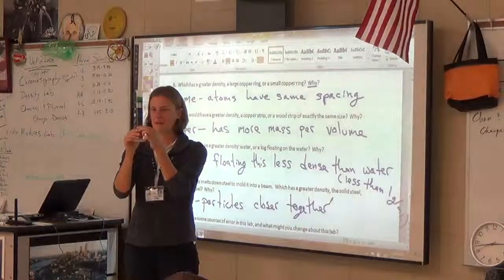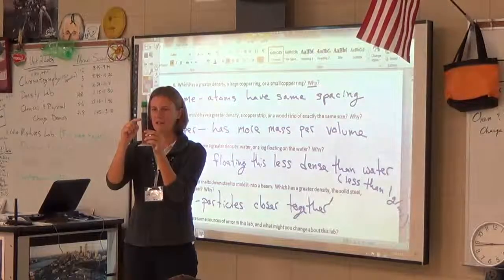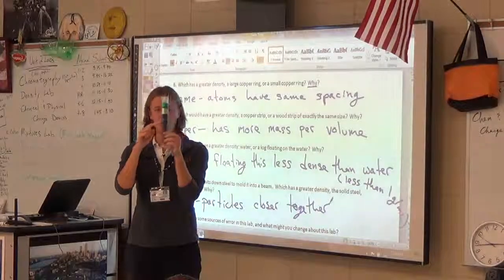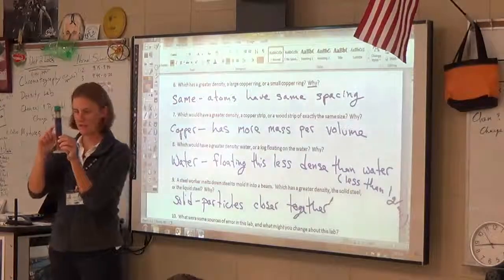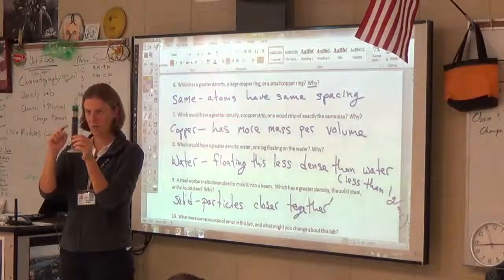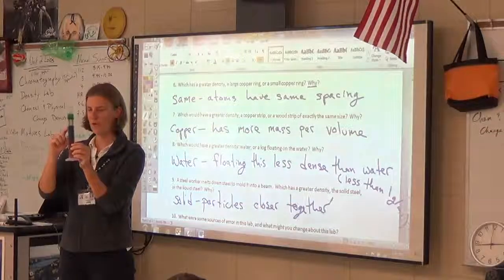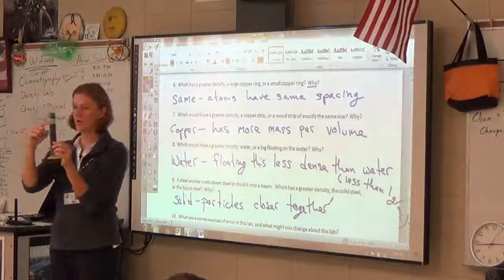Then what do we have? Dish soap? Yes, we do have dish soap in here, which is mixing a little with the water I had. So we had dish soap, water. How about this one? Oil. Good, this is just vegetable oil.